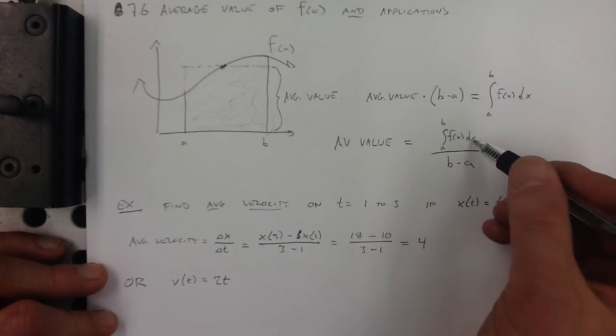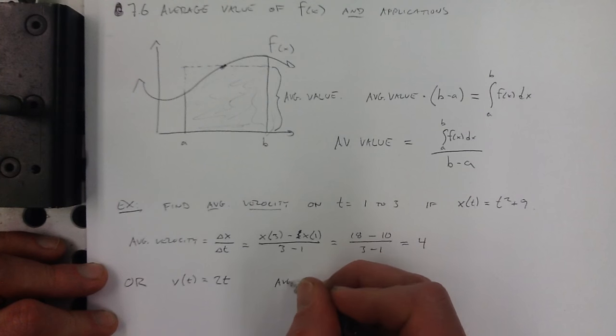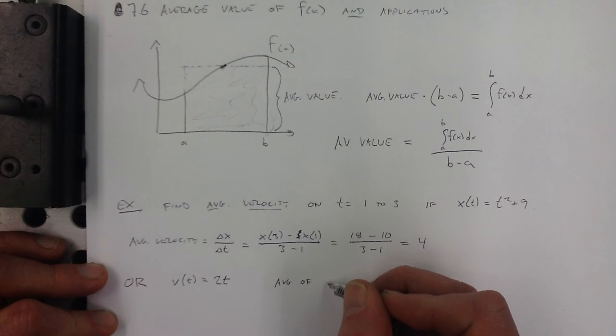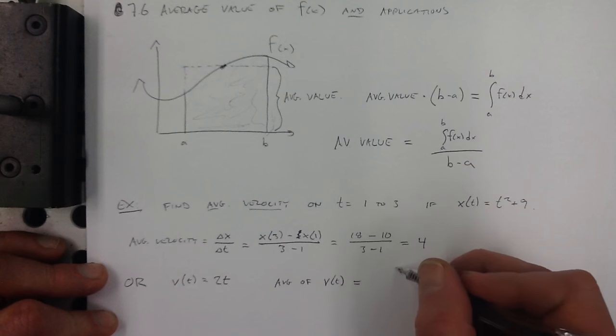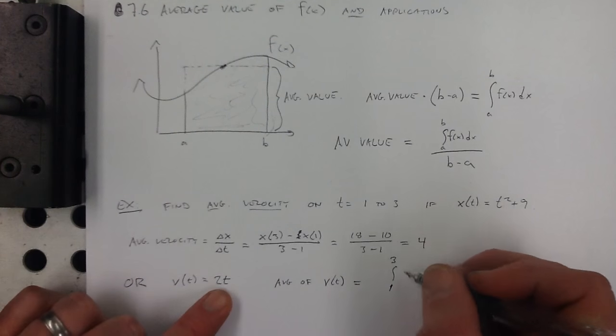Right? And then, if we go back to here, we could say the average value of the velocity function is equal to the integral from 1 to 3 under the velocity curve, right?